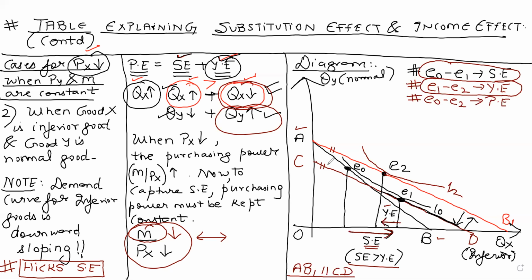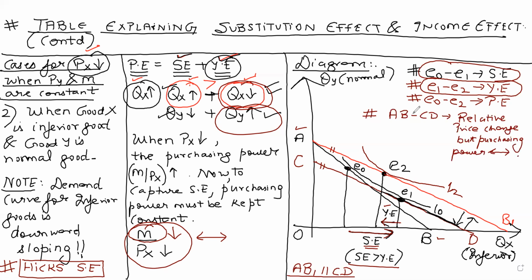So you need to understand this. When we move from budget line AB to budget line CD, what is happening? Relative prices change, but purchasing power is constant.